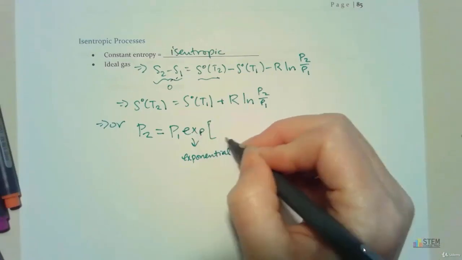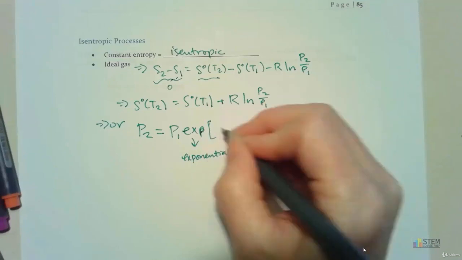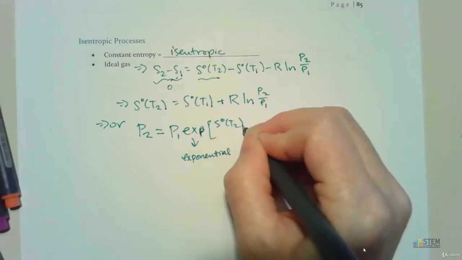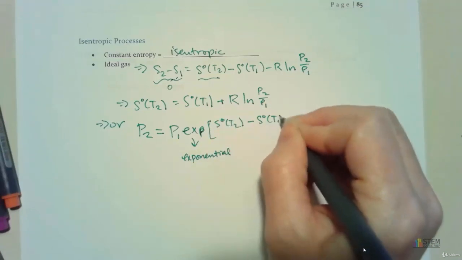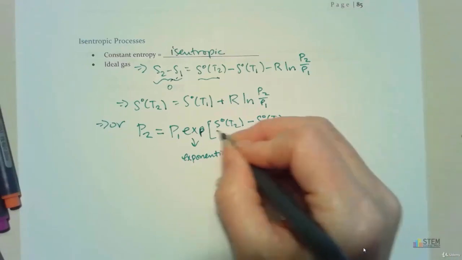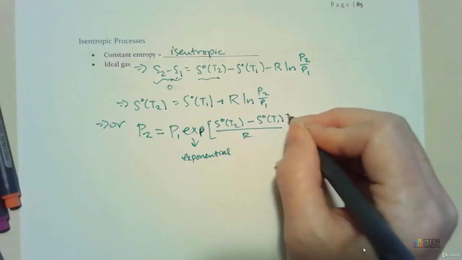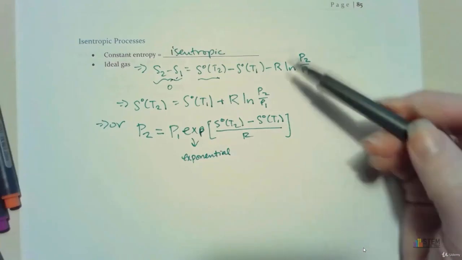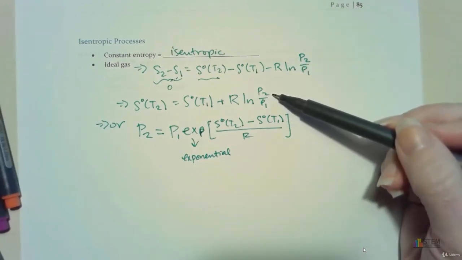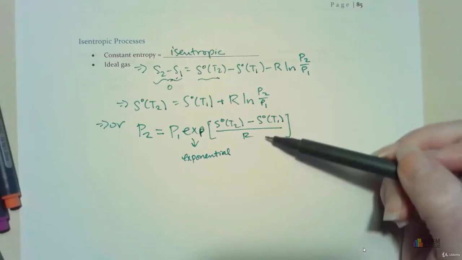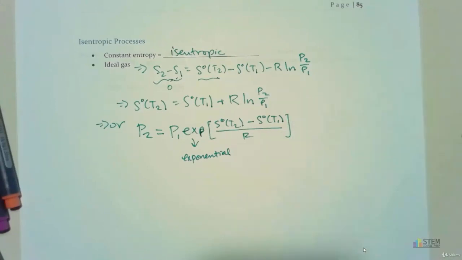Our exponent is going to be s degree at T2 minus s degree at T1 over R. So essentially we just solved this equation for P2. That's what we did. Alright, and that's what we got. Now, keep in mind that's an exponential there. That's the exponent.